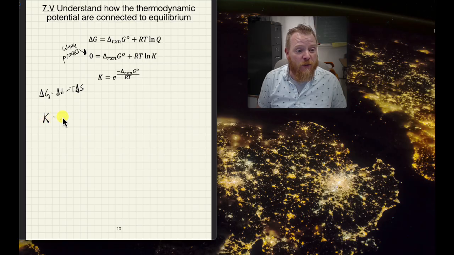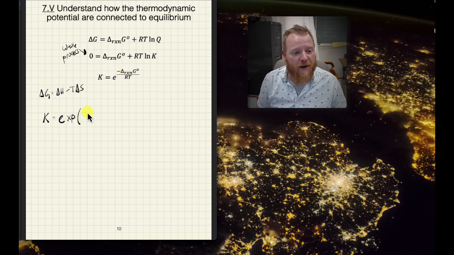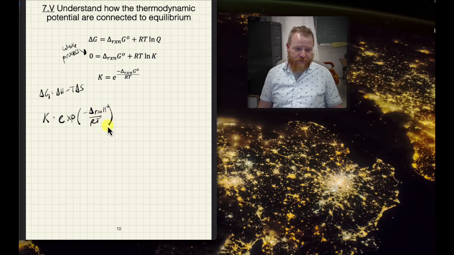So K equals E, and I'm going to write this as a double exponential. So that's going to be exp of negative delta H of reaction divided by RT.